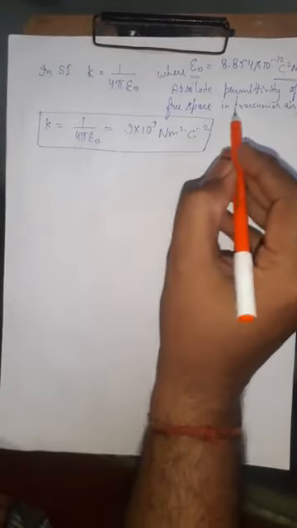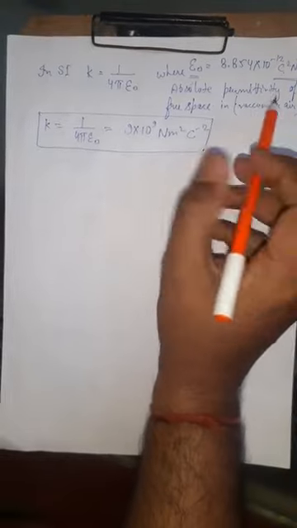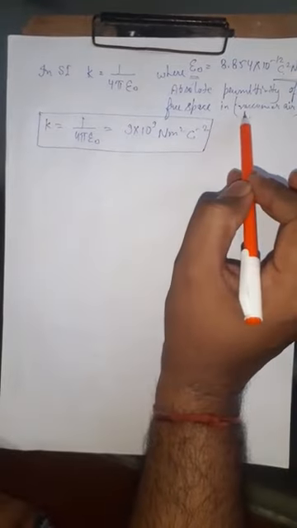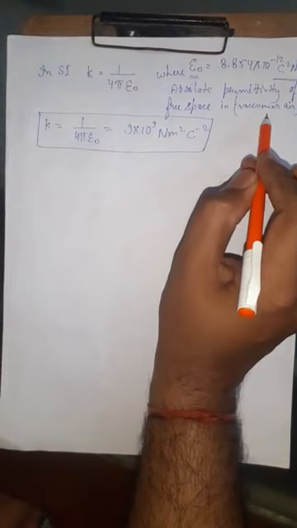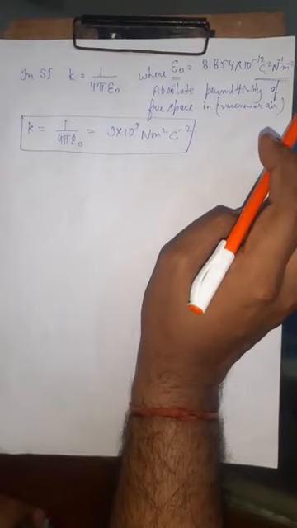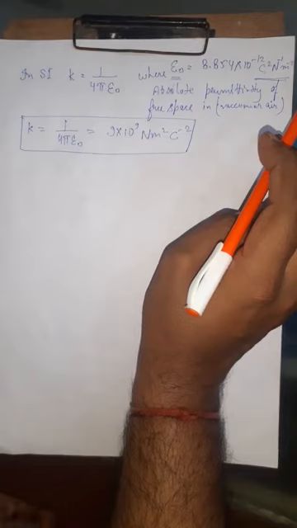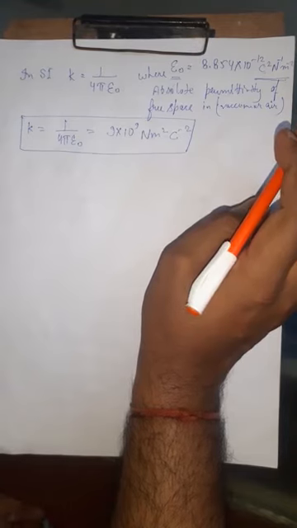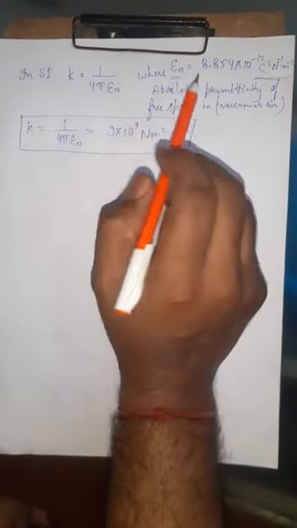Now, epsilon naught represents the absolute permittivity of free space in vacuum. That is, the space between the charges is either vacuum or air. If we replace that space with some medium, let's say rubber, mica, water, metal, glass, wax, or air, whatever you can fill it with, how will it affect the force between the two charges?